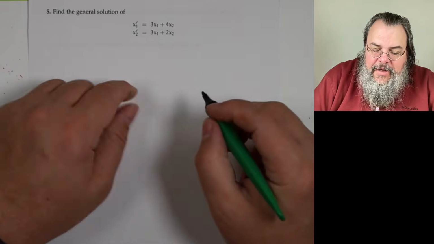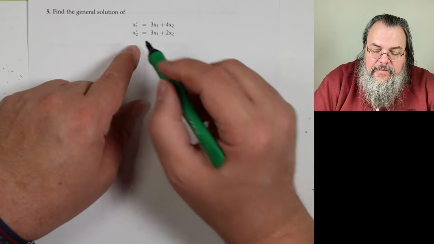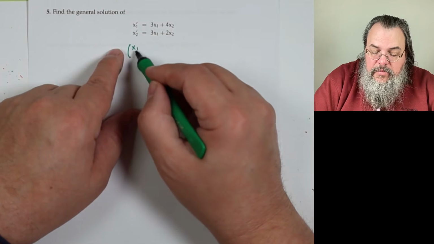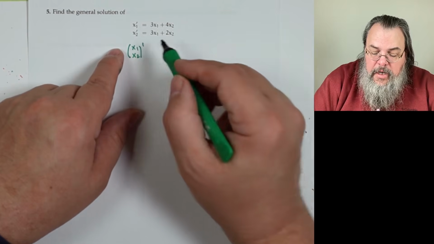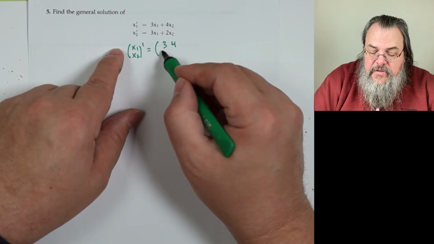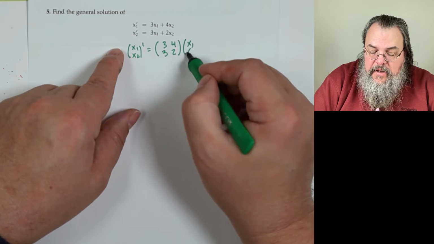Okay, so how does that help us? Let's go through and talk about this. First off, we're going to transform this into a matrix. So we're going to think of this as (x1, x2) prime is equal to, reading off our coefficients, [3, 4; 3, 2] times (x1, x2).